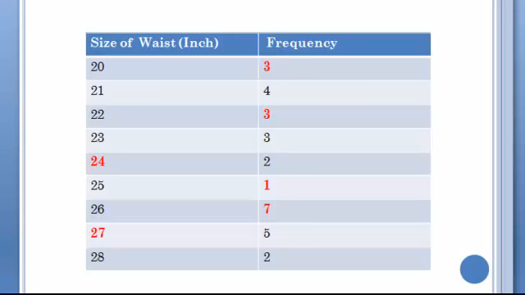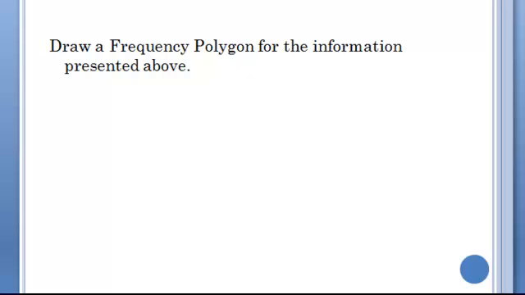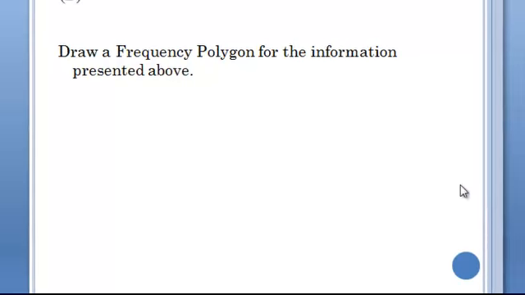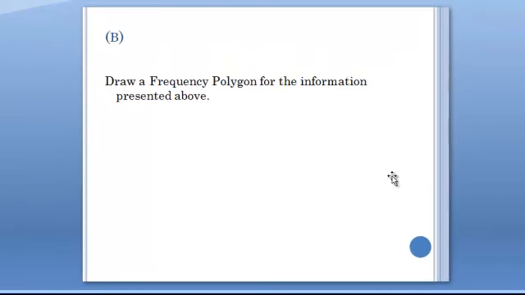Let's go on to part 2, or part B. Part B asks us to draw a frequency polygon for the information presented above. Now in drawing frequency polygons, the procedure is to put the frequency of the data on the y-axis and whichever data they show the frequency of in the table on the x-axis.